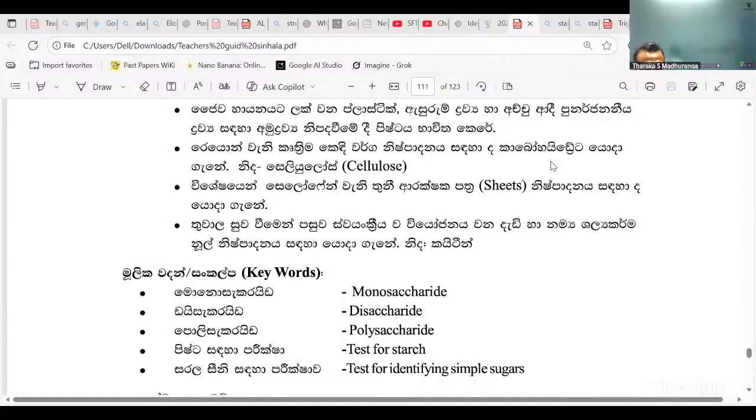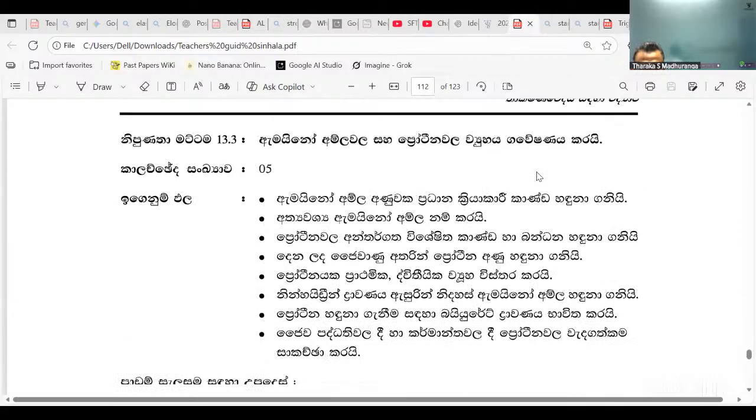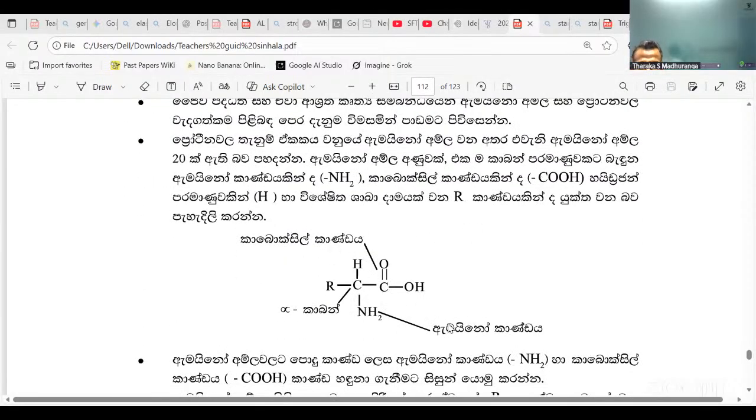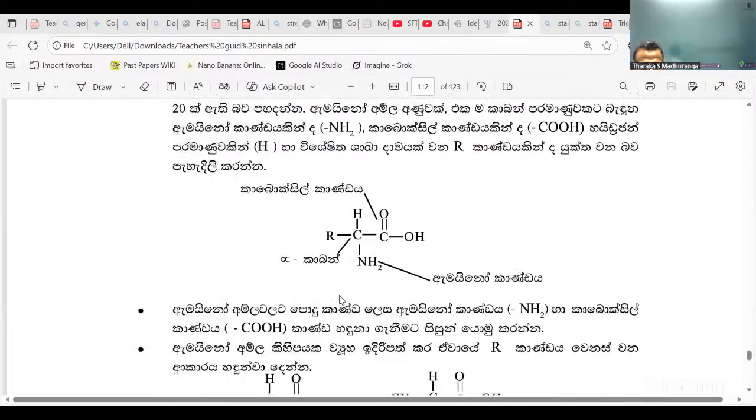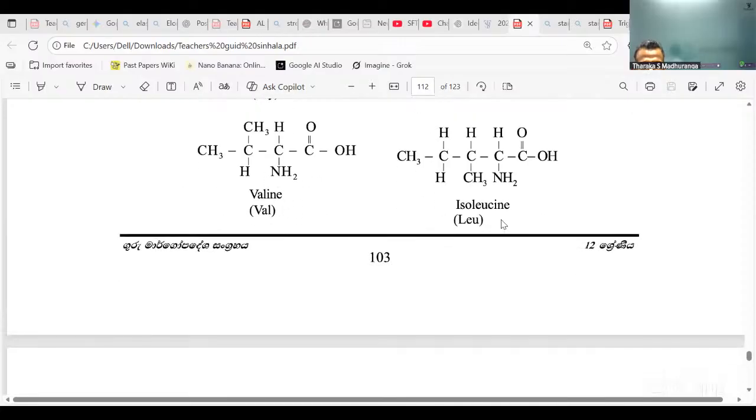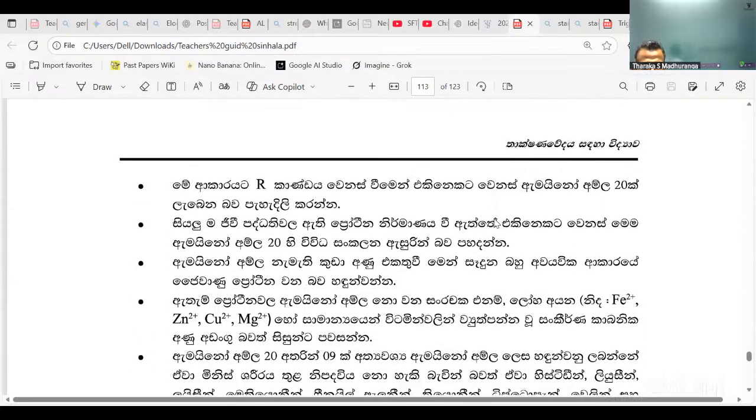Okay, let's see what they have mentioned about proteins. Carboxylic group, amine group, and alpha carbon. First of all, you should be able to identify them. This is R. This is the carboxylic group, amine group, alpha carbon, hydrogen, and R group. They gave the structures of glycine, alanine, valine, isoleucine, already discussed. Protein production involves 20 amino acids.